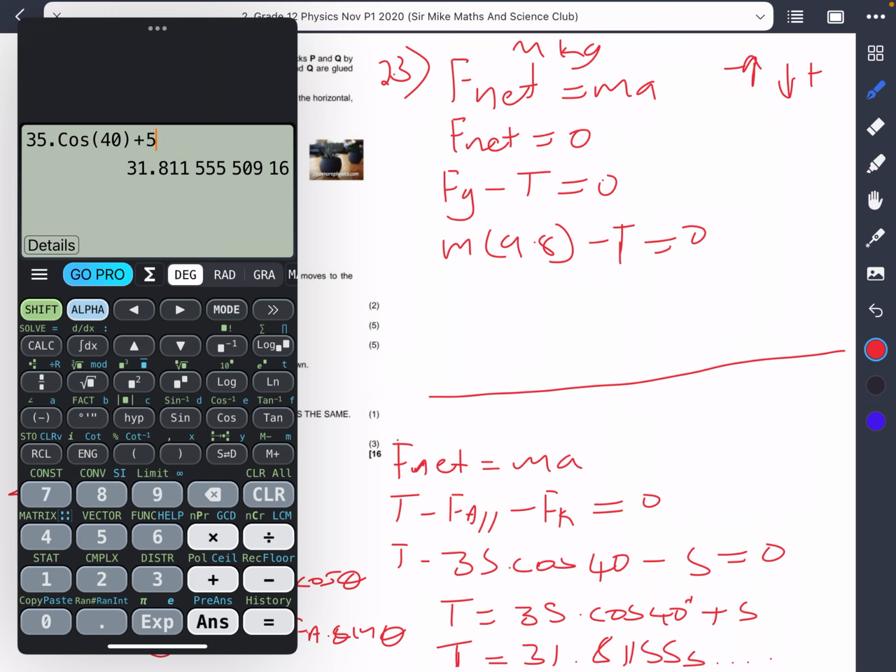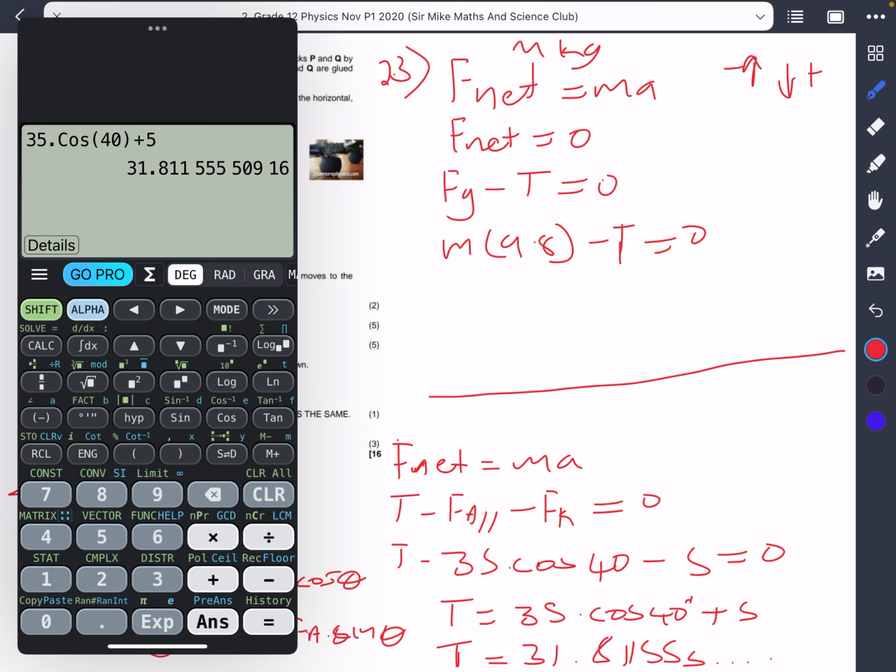I'm not going to round that off, I'm just going to keep it from this step. In terms of T, I'm just going to write 35 multiplied by cos of 40 plus 5. That tension there I'm just going to replace with 35 multiplied by cos of 40 plus 5, which is equivalent to 31.81555, and other decimals.